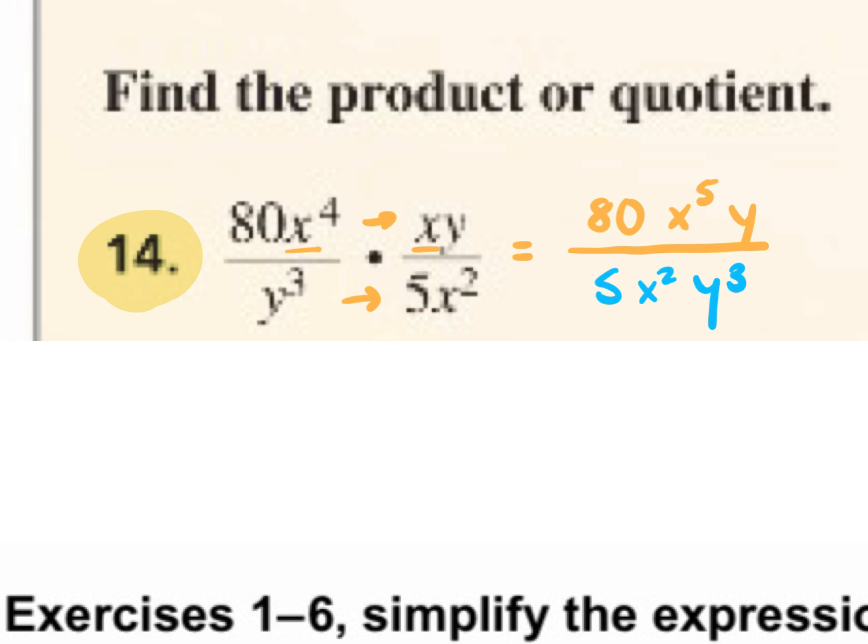So now let's simplify our like terms. So I have 80 divided by 5. 16. Would the 16 go on the top or on the bottom? On the top. Okay. Then we can worry about our x's.